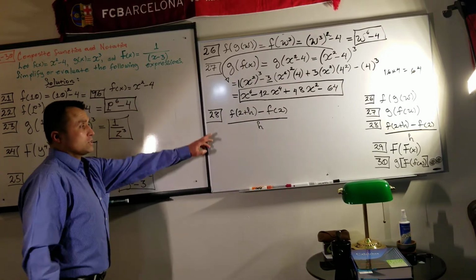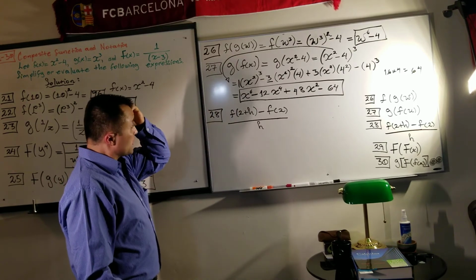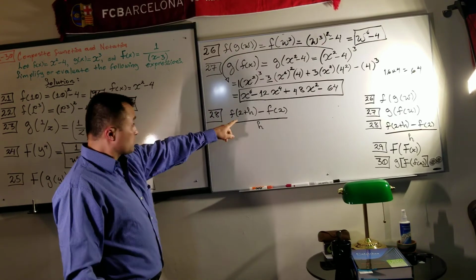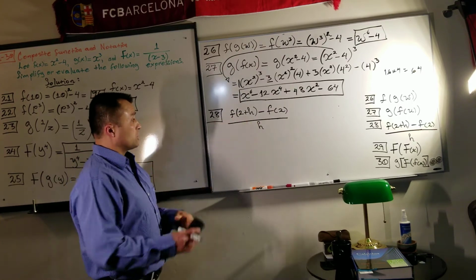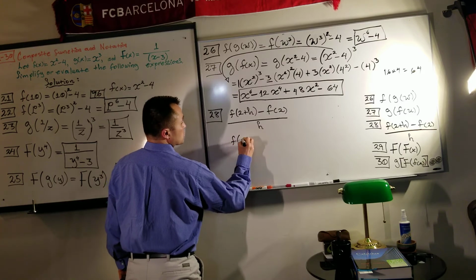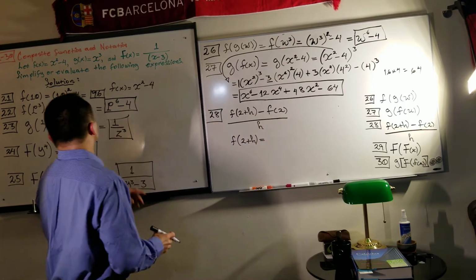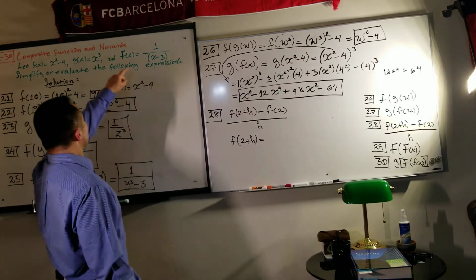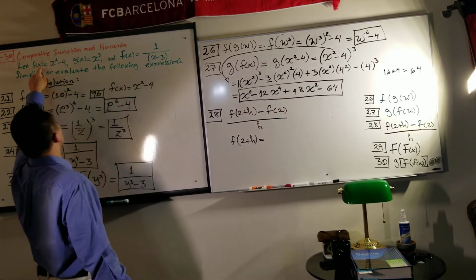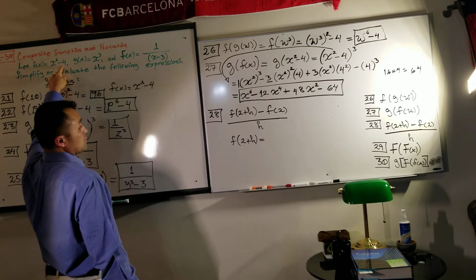Right, in this case, the first step we have to do is find f of 2 plus h. Let's see how much f of 2 plus h is. F of 2 plus h is going to be equal to, f of x is equal to x squared minus 4.